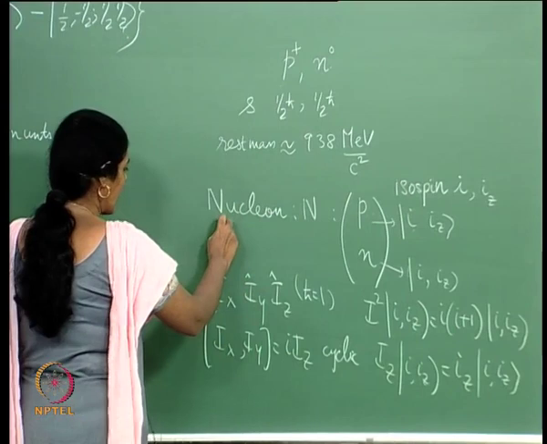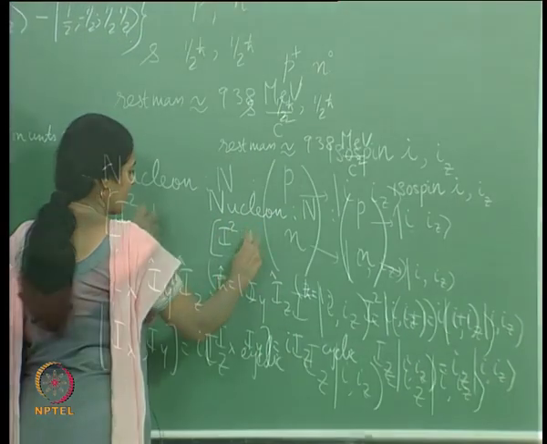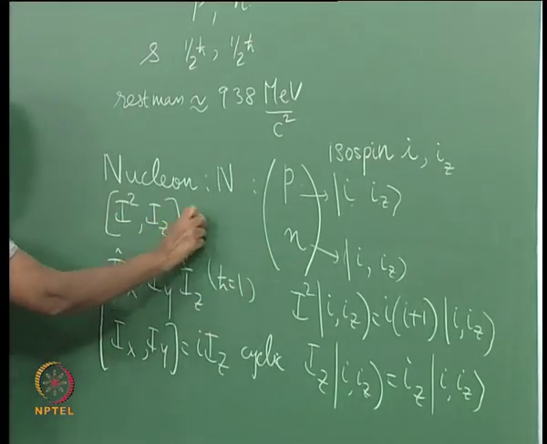It is evident that I squared and Iz commute with each other, and that is why I am able to do this.